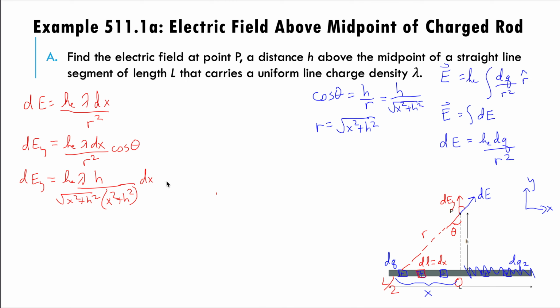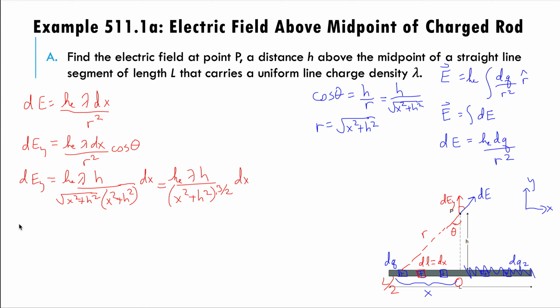So now we can simplify one more time and combine those two expressions in the denominator, and we're going to get x squared plus h squared to the 3/2. So now we have rewritten this expression so that we have constants and the variable x that we're going to integrate over.